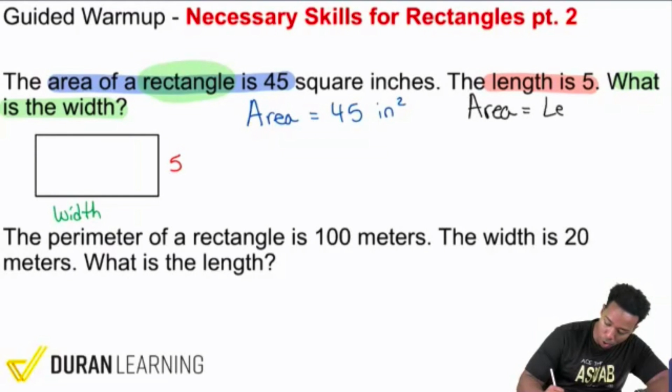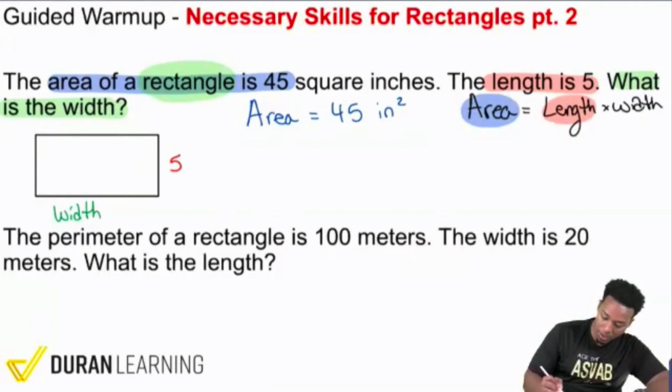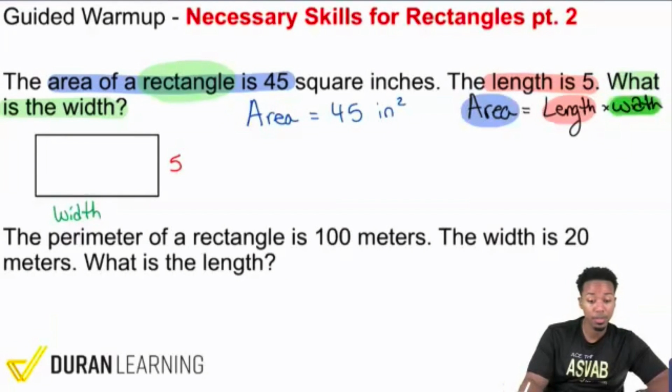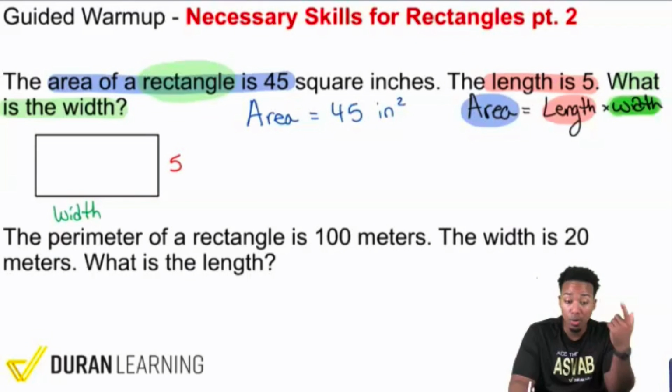So if you know your formula here, think about it like this, everybody. We're looking for the width, but we have the area, we have the length. Do you see how we can find the width now? We're already given 2 out of the 3 pieces. We want the 3rd piece.